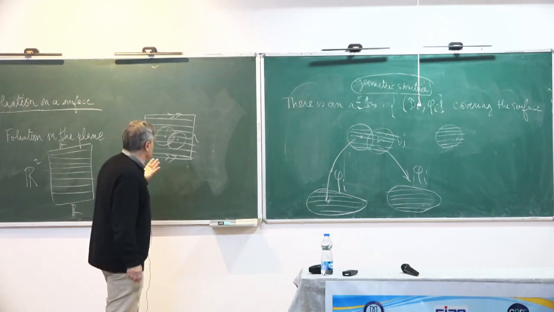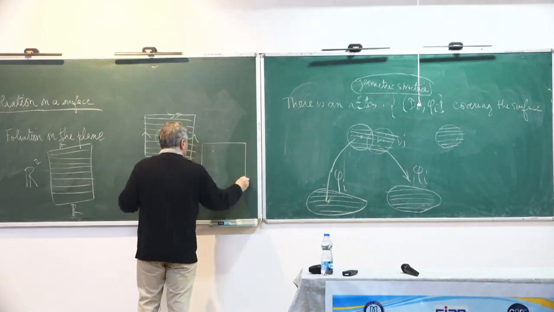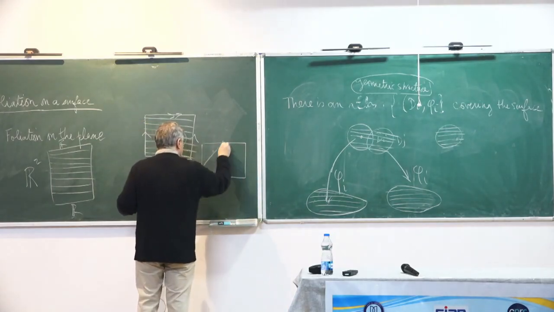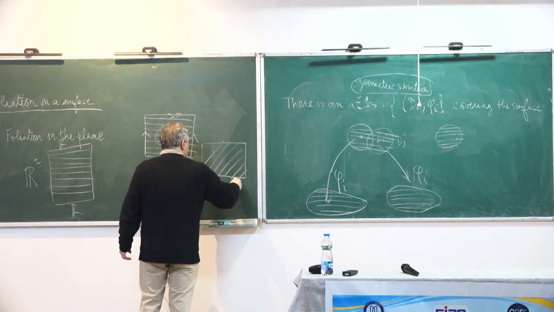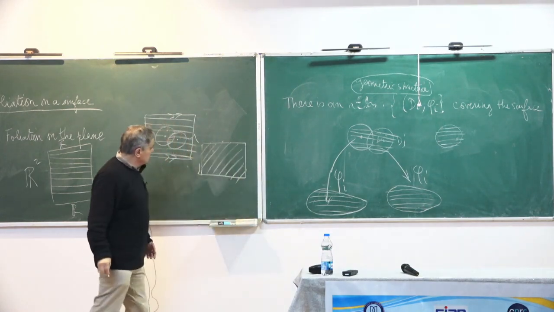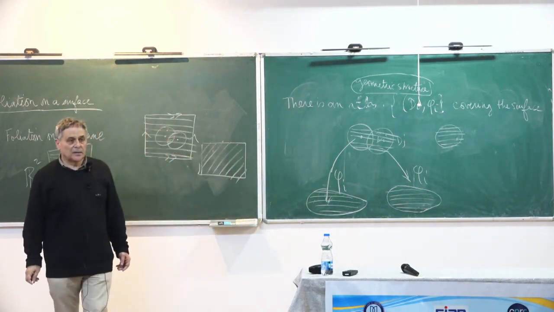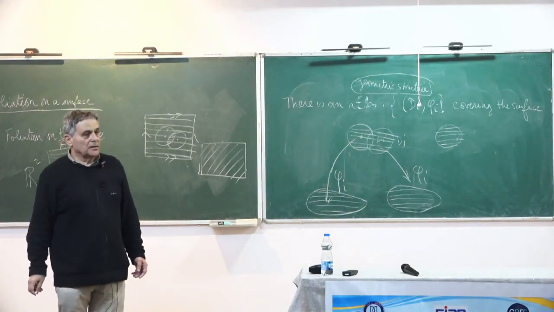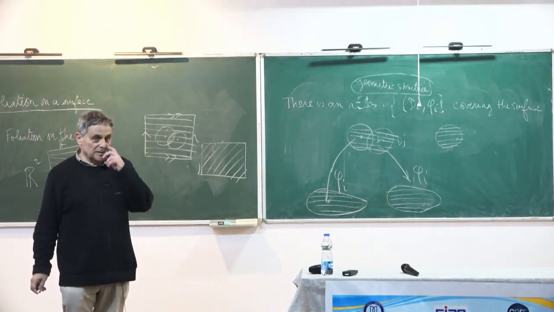Not only this, but the torus has infinitely many foliations. In fact, I can take any angle here. This is a well-defined foliation on the torus, right? So the torus has many foliations.